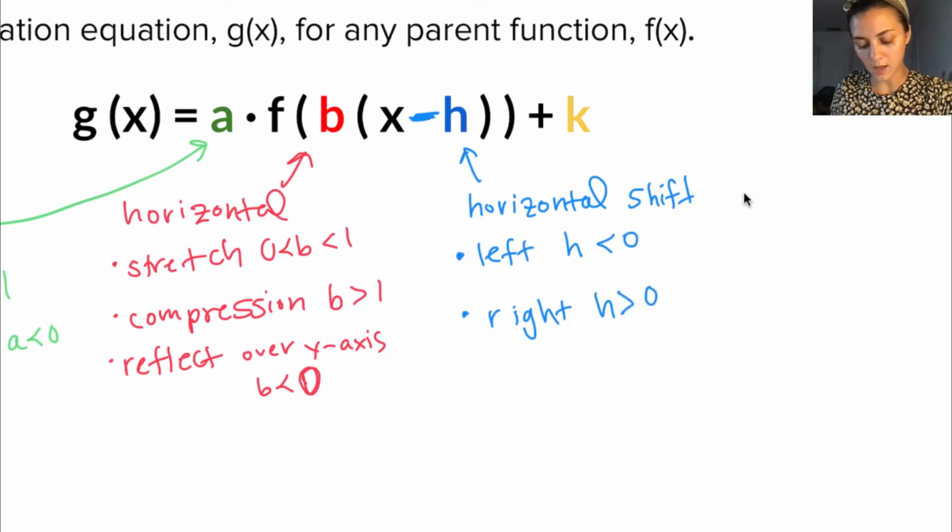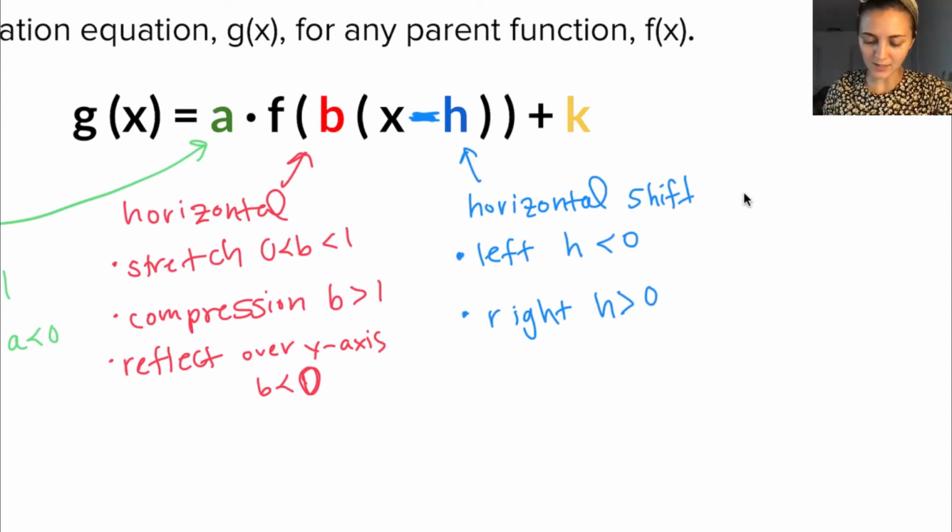Okay, which makes it kind of opposite. So if H is negative 5, that will be x minus negative 5, which is x plus 5, which will still go to the left. So x plus 5 in the argument goes to the left because we have this negative sign right there. It makes things do the opposite.